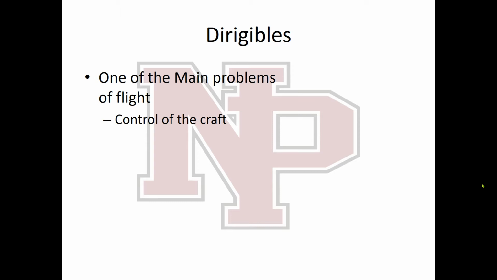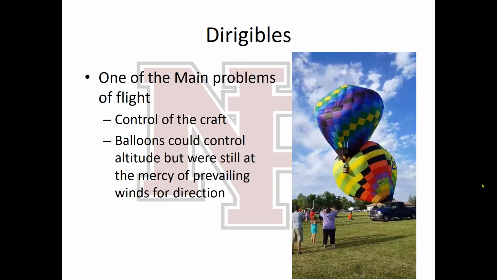When you wanted to go a certain direction, you were at the mercy of the winds and at the mercy of how the prevailing winds would blow. And the only thing you could control in the hot air balloon was basically your altitude, your height. So, like it says, you can control the altitude, but we're still, again, wherever the wind blows.